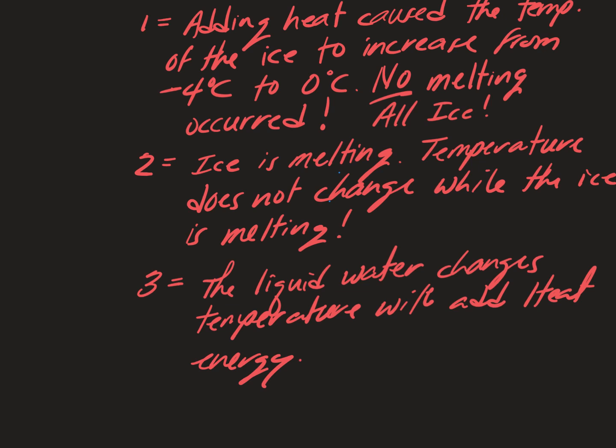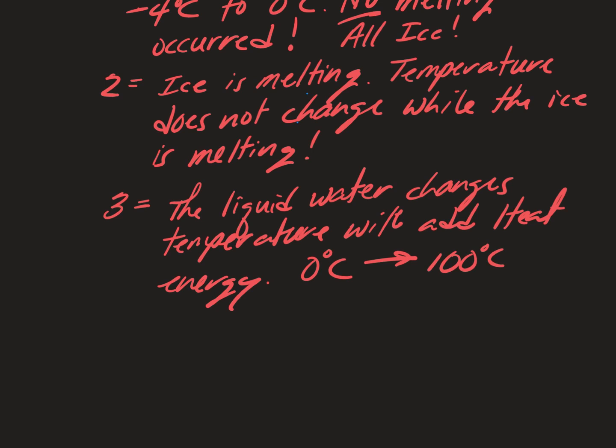Okay? So now the liquid water is going to go from 0 degrees Celsius to 100 degrees Celsius. What's magical about 100 degrees Celsius? This is the boiling point of water. Okay?